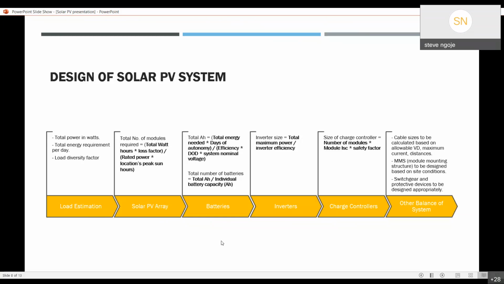In off-grid, you must size your system to be able to give you the whole of that energy within a day. If it is grid tied, if you've ever had the opportunity to look at Kenya Power bills, you'll come to realize we have the high rates and the low rates. High rates cover around 16 hours of the day, and most of these 16 hours are daytime.